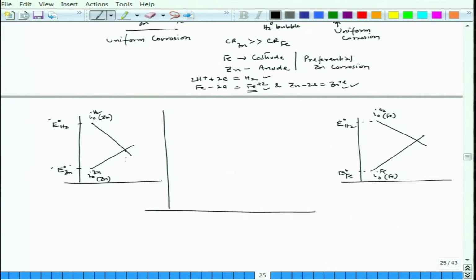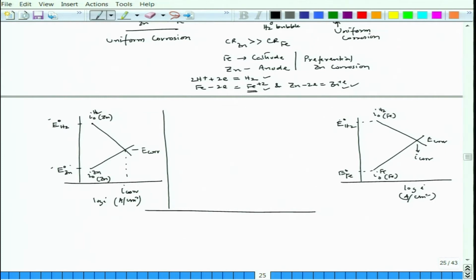And here this is my I corr and this is E corr, and let us say this is log I, ampere per centimeter square.